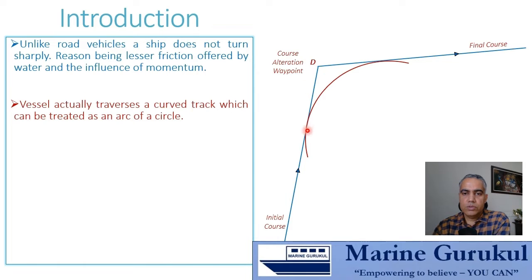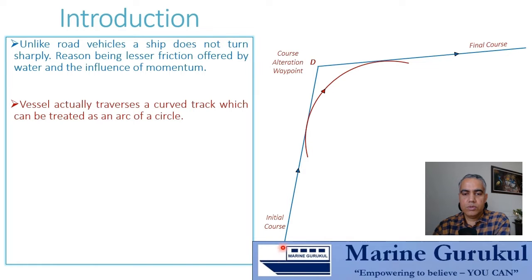Let us now show the curved path on which the ship actually moves. You can see this maroon color arc. Now this is the actual track on which the ship will be moving when it is altering its course.